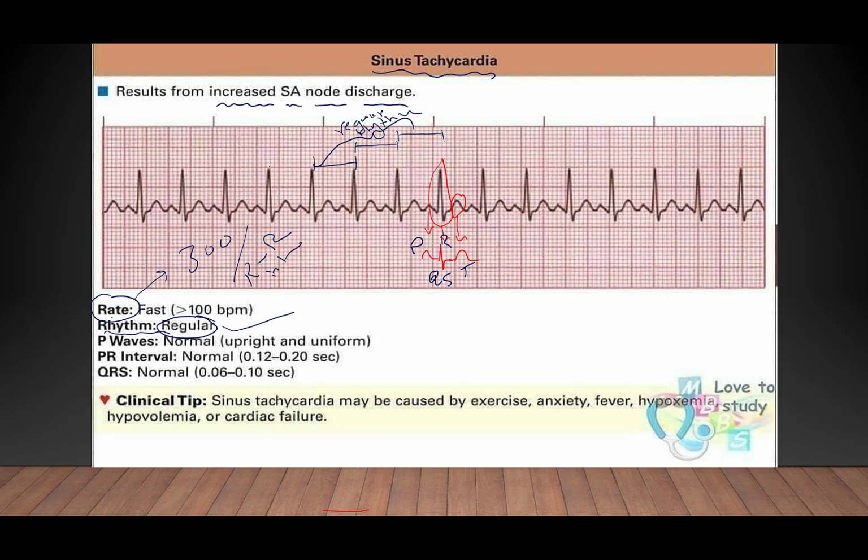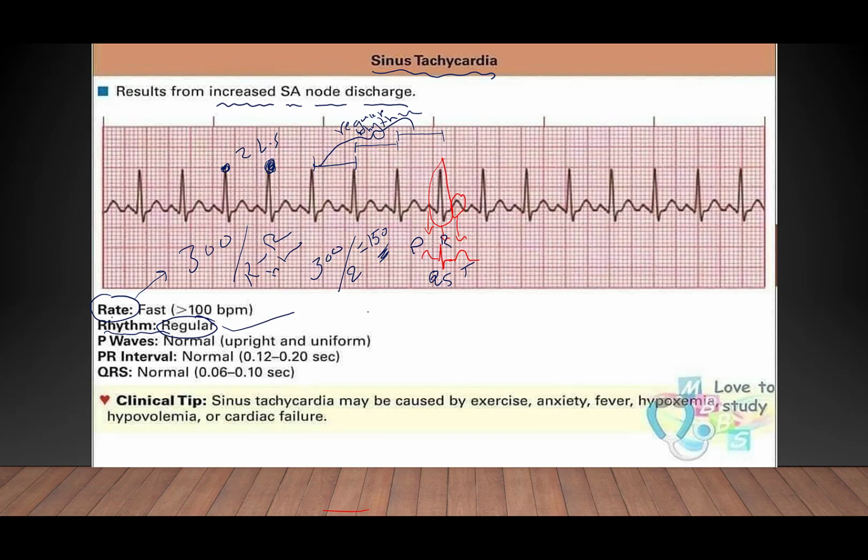Here we have an R wave, and also here we have an R wave. How many large squares do you have? It's about 2 large squares. So we divide 300 over 2. It's equal to 150, or we can say more than 100 beats per minute.